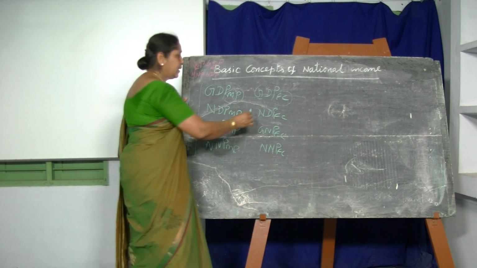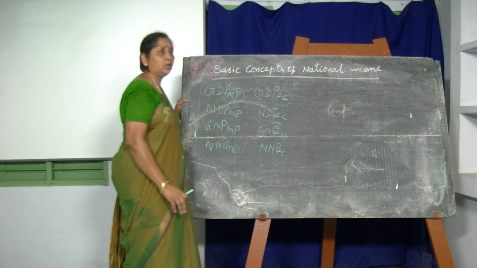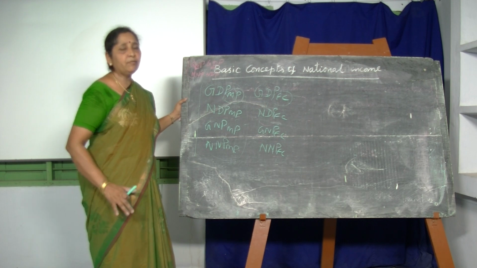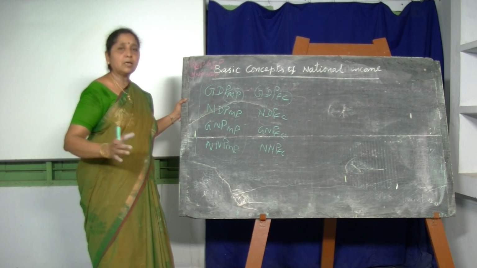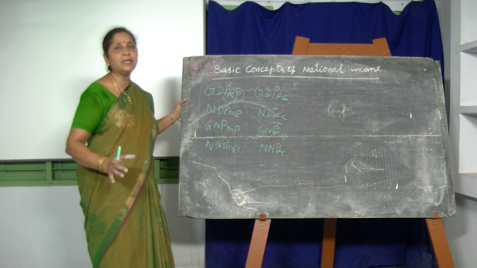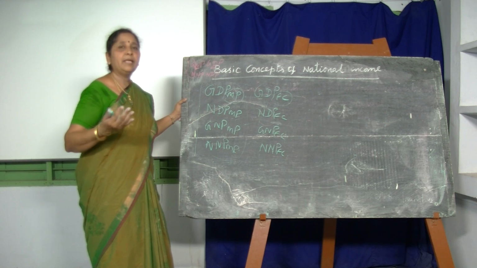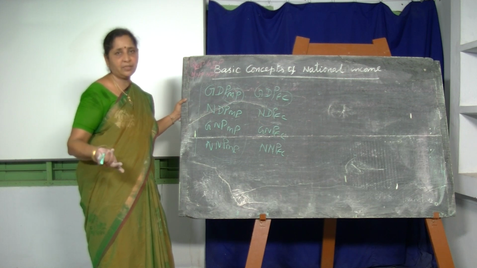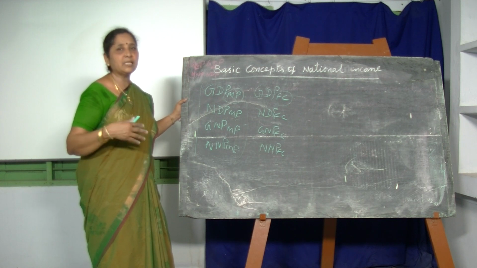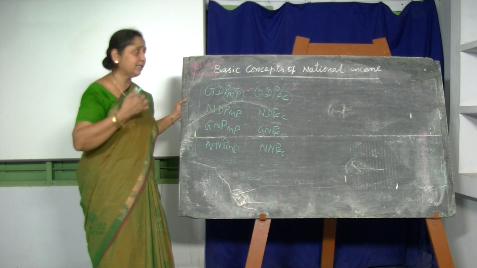Okay. Factor cost is entirely different concept, where we take into consideration the cost that is paid to the factors of production, namely wages, salaries, rent, interest, profit. The rewards that are paid to the factors of production comes under the factor cost.